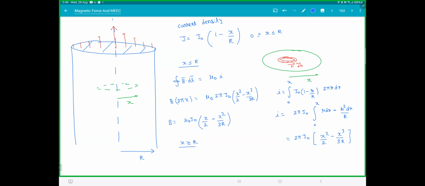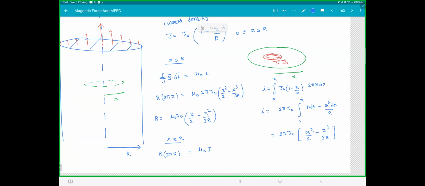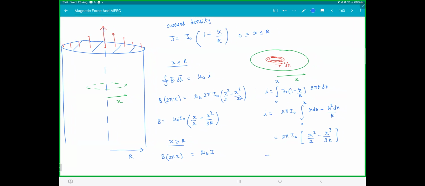Outside is easy because outside the current becomes constant. So that will be B into 2 pi x is equal to mu naught into total current. What's the total current? Put x equal to R. If I substitute that, I get 2 pi J naught, R squared by 2 minus R squared by 3, that is R squared by 6.